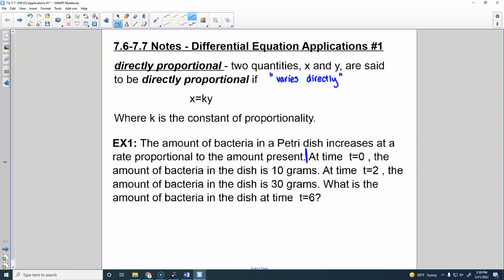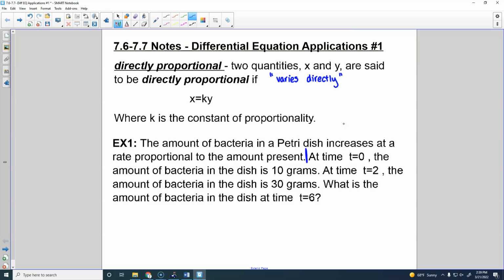We're talking about the rate at which the amount of bacteria increases, and since we have time over here, we're going to be increasing at a rate with regard to time. So, we need a variable to represent the amount of bacteria.